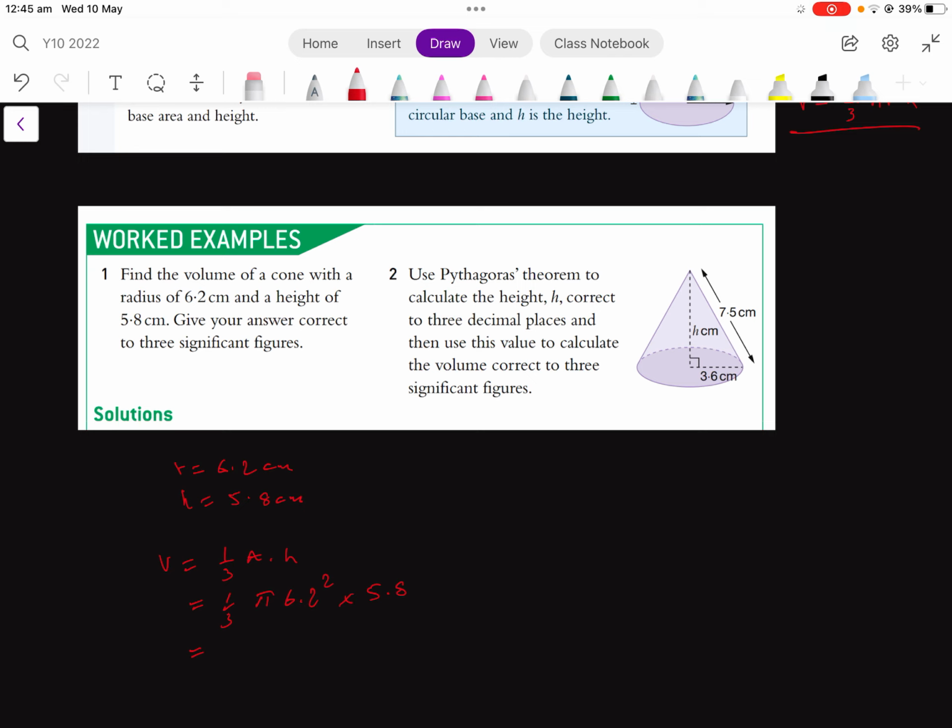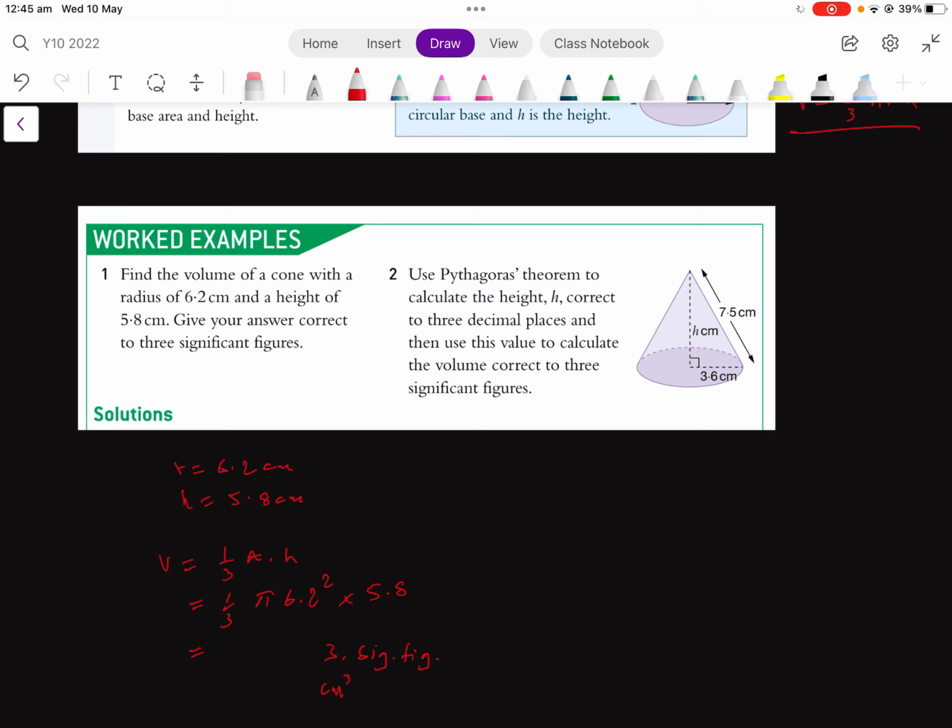I'm so sorry, I'm not able to locate my right calculator, and I don't have my scientific calculator. Please can you check the answer and make sure this is to three significant figures, and of course the units would be centimeter cube.